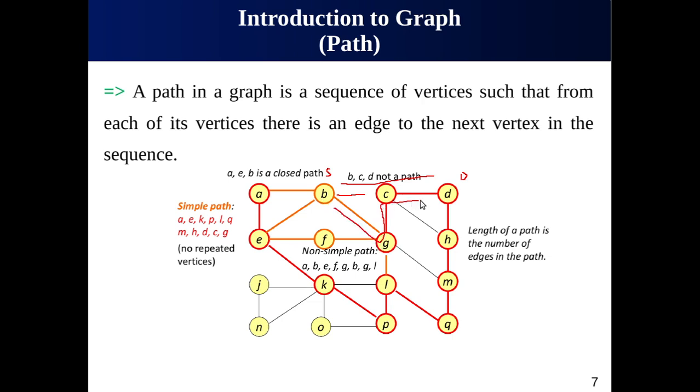For example, you can go this way, or you may go this way, and other alternatives are available. But for this particular case, that is not possible.